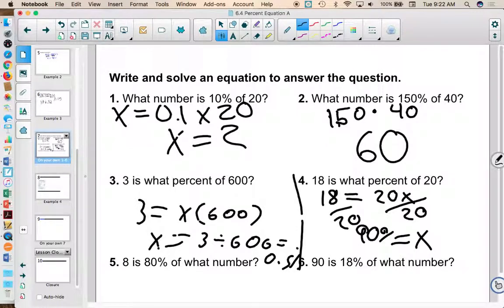Is he correct? 18 is 90% of 20. Absolutely. Who's got 5? All right, and I need number 6. I haven't given that out to anybody to do yet.